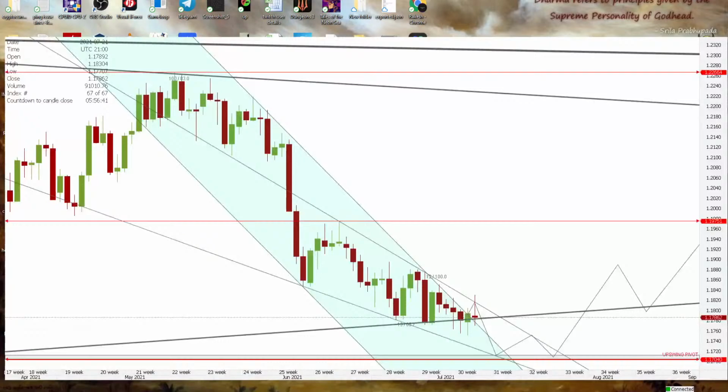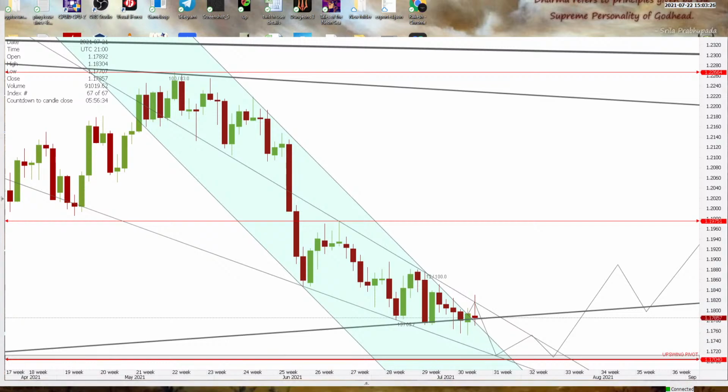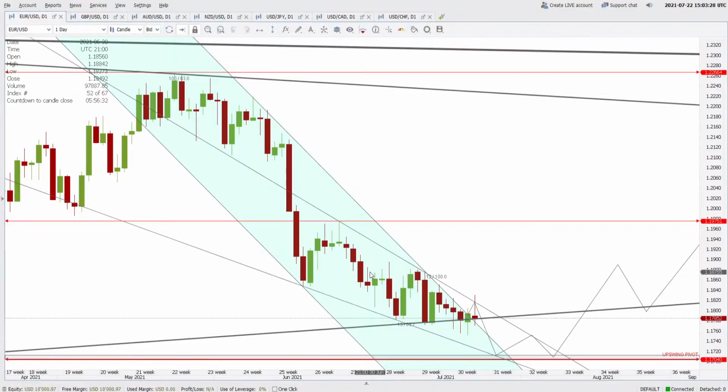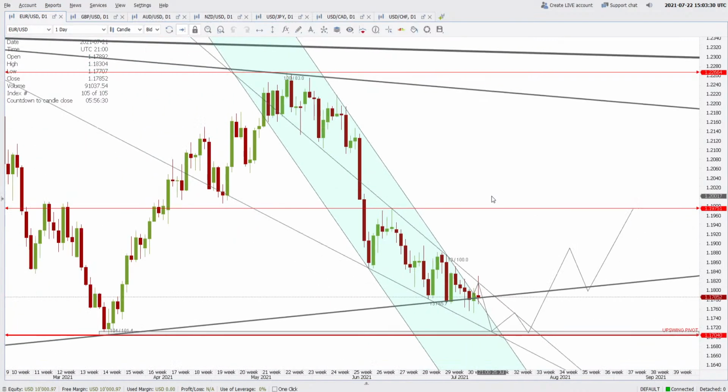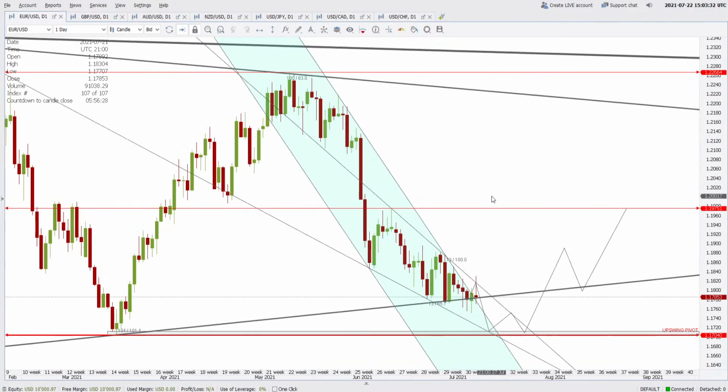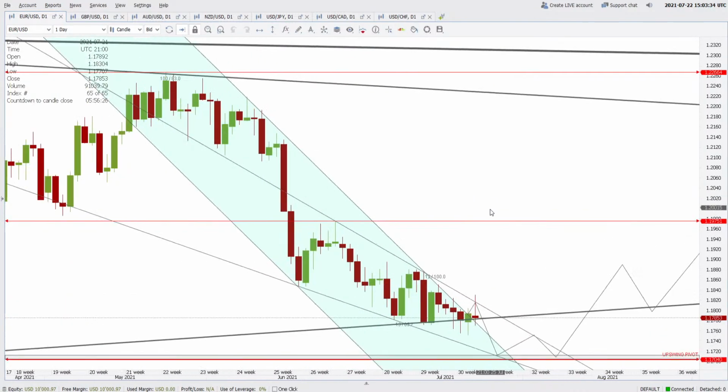So this is the chart that we are looking at today. This is the Euro Dollar daily chart. You see something very strange has happened today. The price actually closed yesterday above this weekly line, which we were talking about, where there was a possibility that the price would close below this week, but actually it has not closed below.